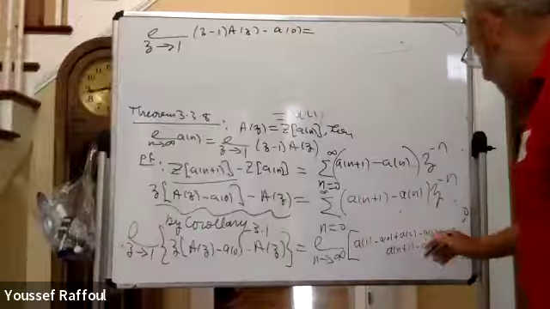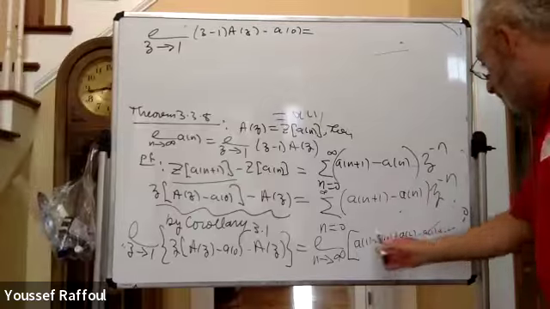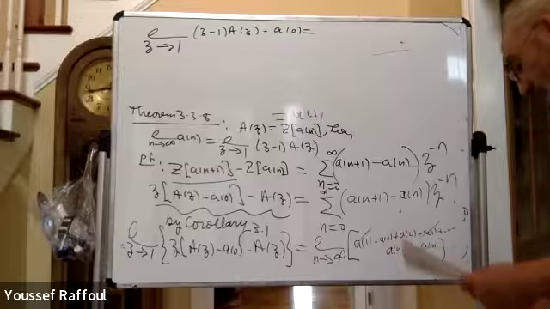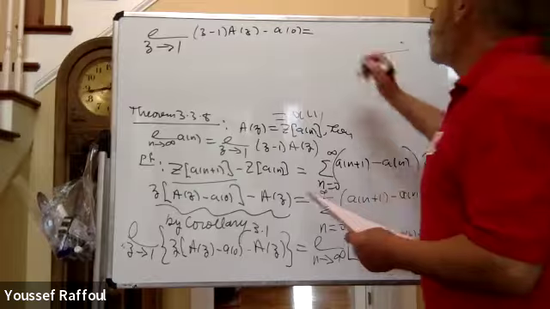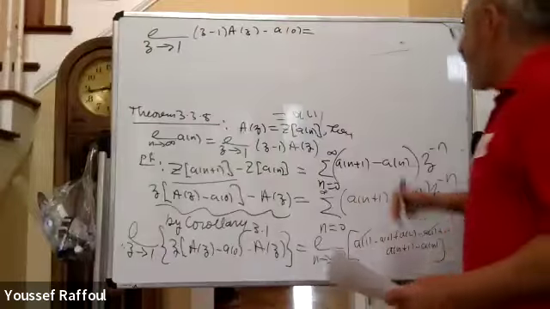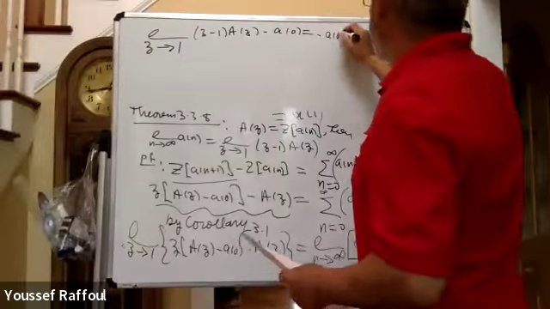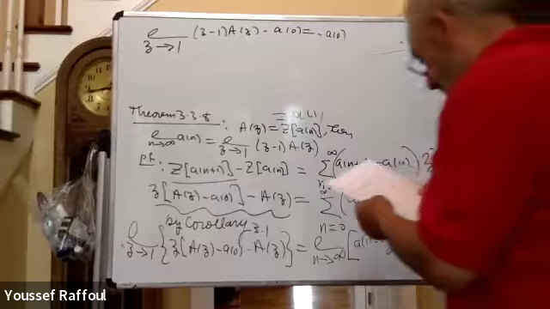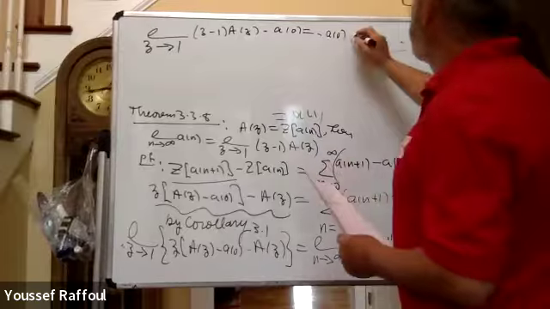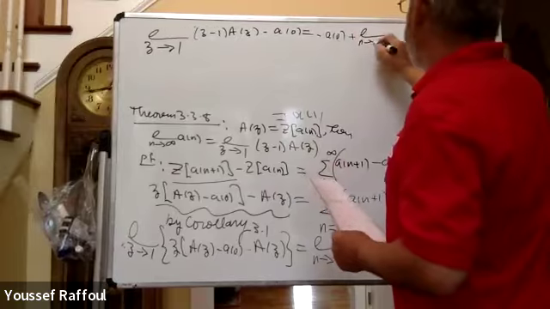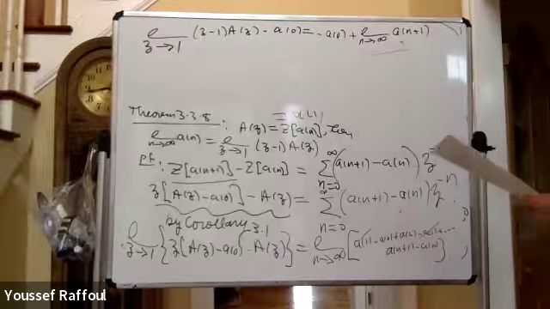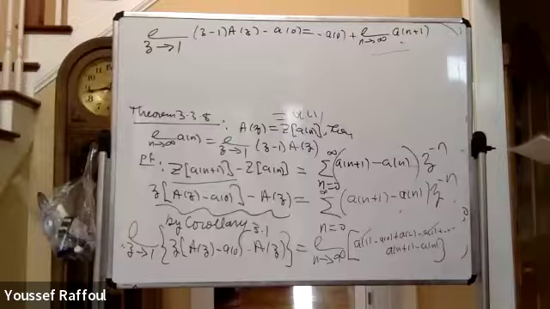You see all these cancel out, is equal to minus A0 plus the limit as n goes to infinity of A_(n+1).